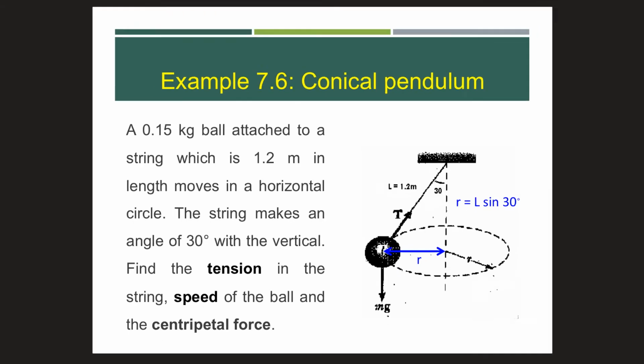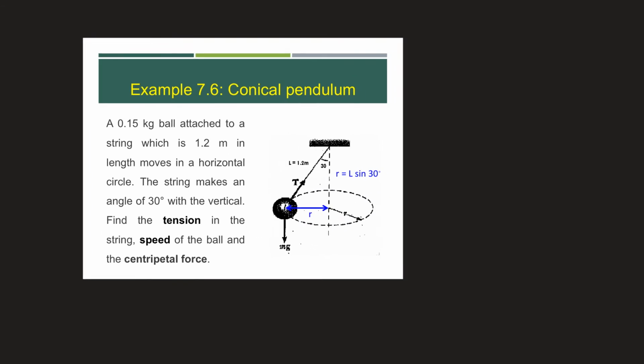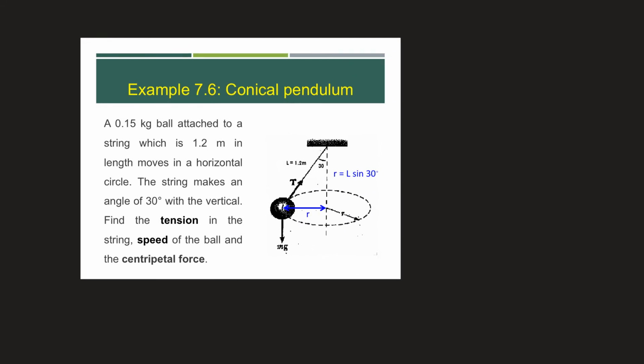So we are going to try to answer these questions using the formula that we found before. The question asks us to find the tension in the string, the speed of the ball, and the centripetal force. Before that we need to find r here. Using the concept of tangent, sine, and cos, they already give you 30 degrees and the length is 1.2.